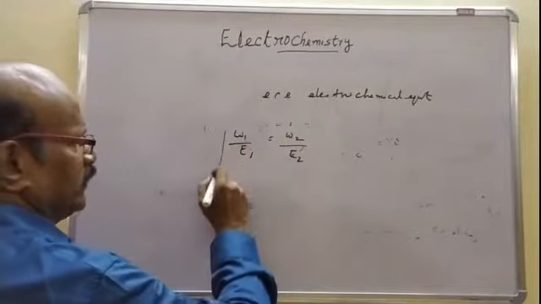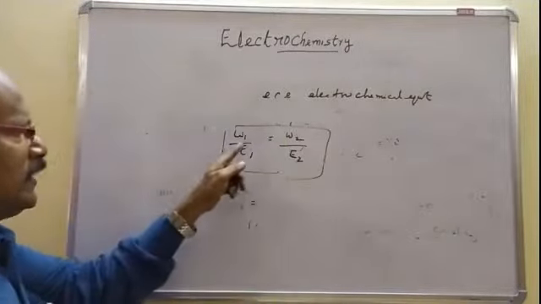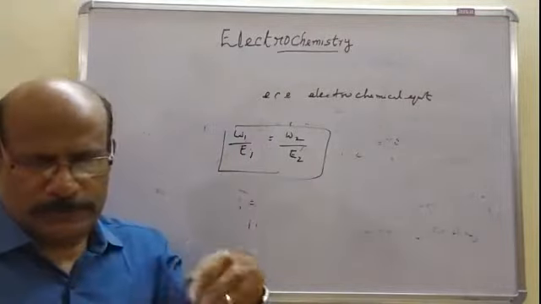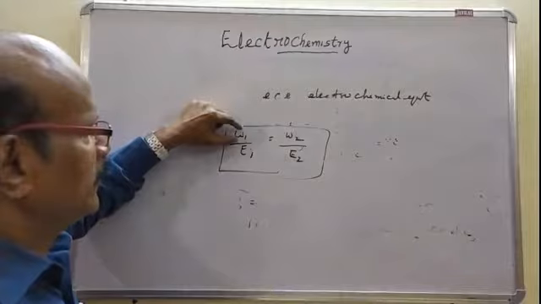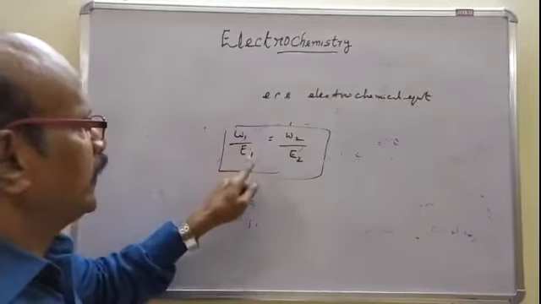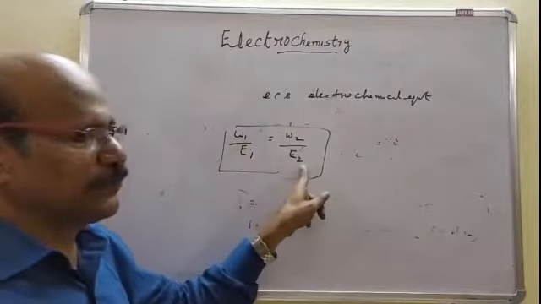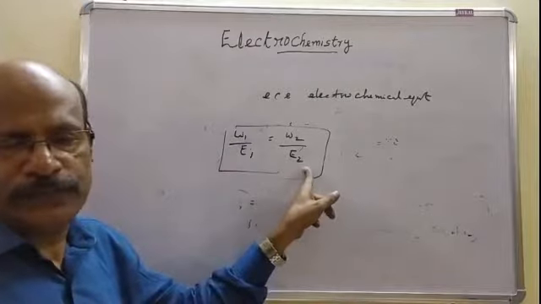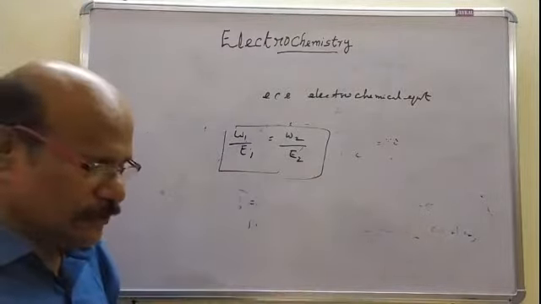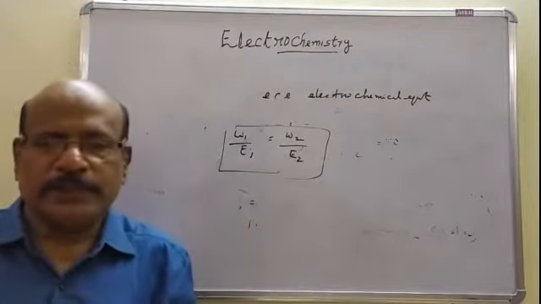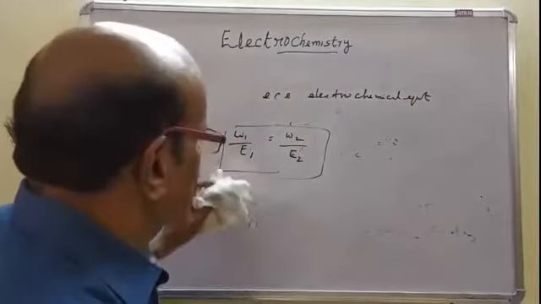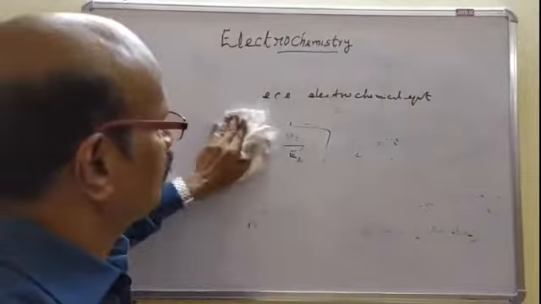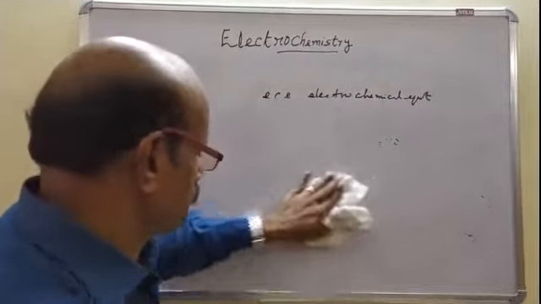So simply by electrolysis, we can measure the weights of the materials W1 and W2, and by knowing E1, it is possible for us to determine the equivalent weight of any material of interest. So the second law helps us to determine the equivalent weight of various materials by electrolytic measurement, by measuring the weight of the material that is produced.